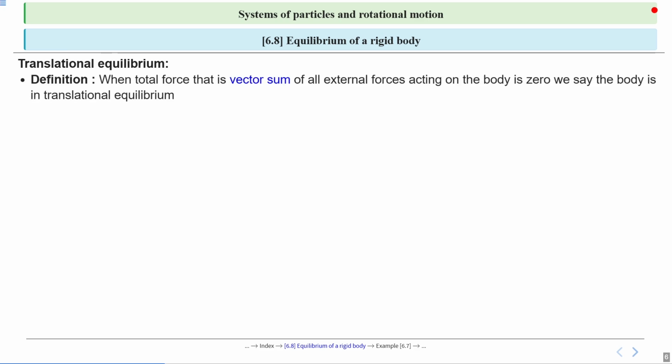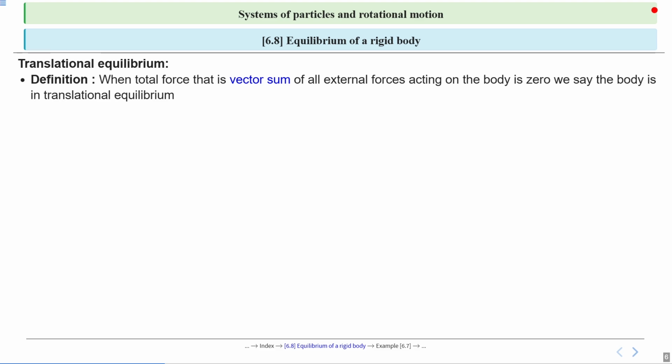Translational equilibrium means when total force, that is the vector sum of all external forces acting on the body, is 0. Then we can say the body is in translational equilibrium. The important point here is this: vector sum of all external forces acting on the body is 0. If we talk about translational, here we will use external forces.